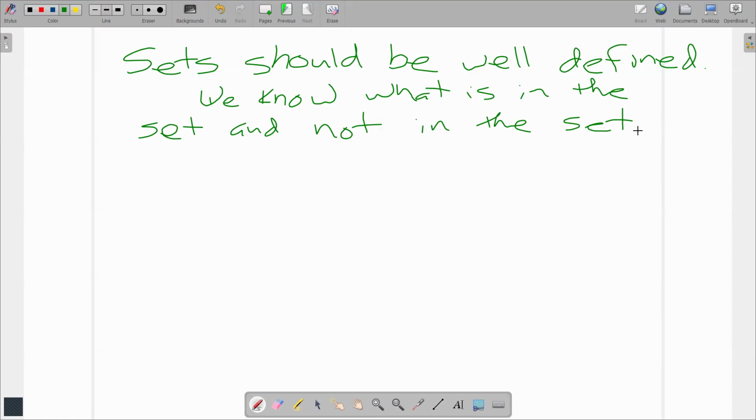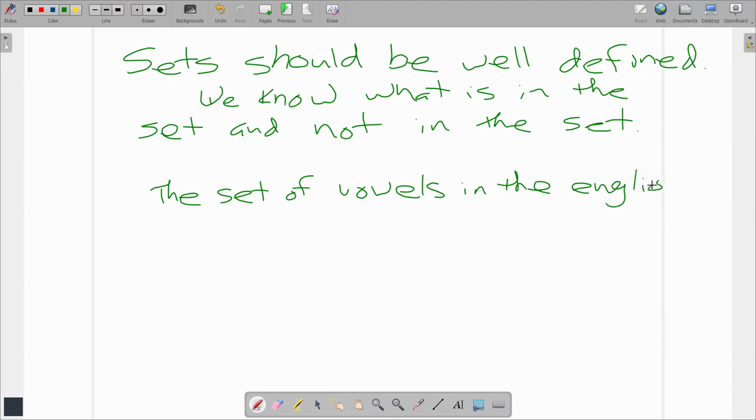So for example, I could describe a set in a few different ways. I could just do something like this in words. Make a statement that describes a group of things, a collection of things, and we all agree like, oh yeah, I know what those are.